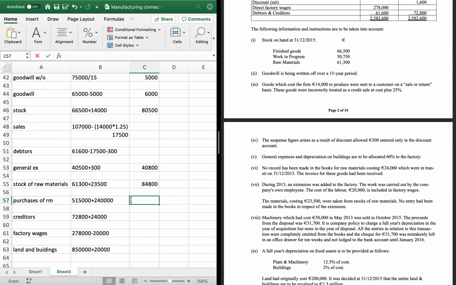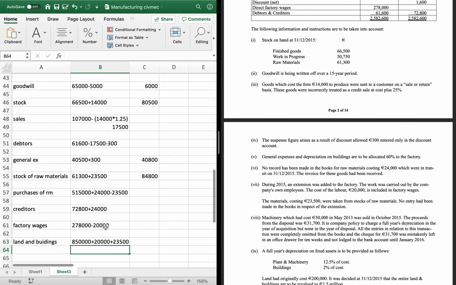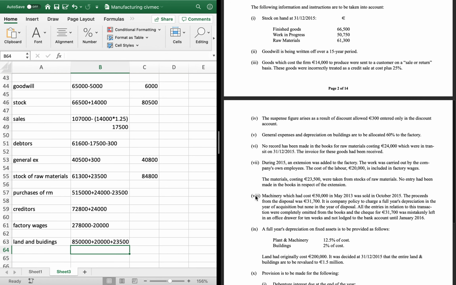So anyway, the purchases of raw materials, there's another 23.5 that need to get taken from that. Okay, so it shouldn't be included in purchases of raw materials, and it should be included in land and buildings. So it's a movement from purchases of raw materials to land and buildings, like so. Okay, so that's that one there. So you're moving them from wages and raw materials and putting them into buildings, which is what they are.